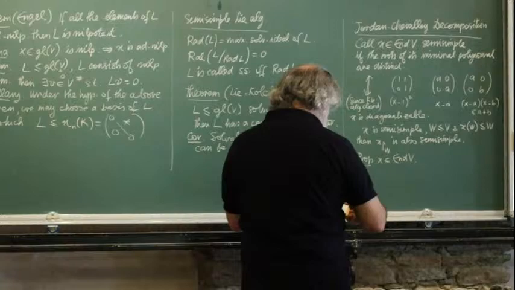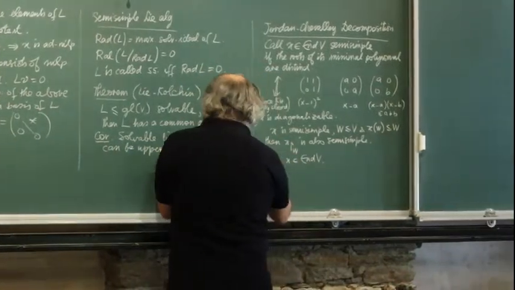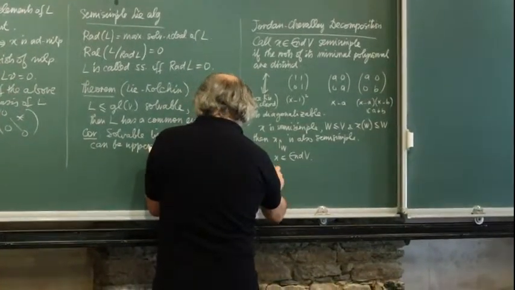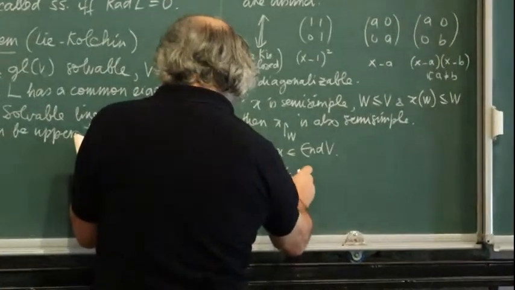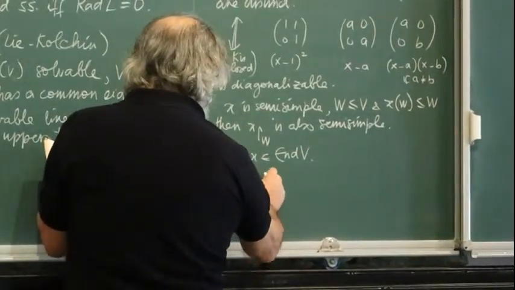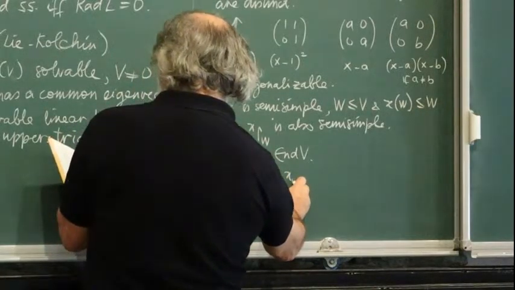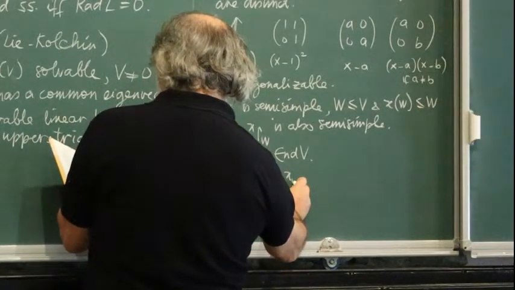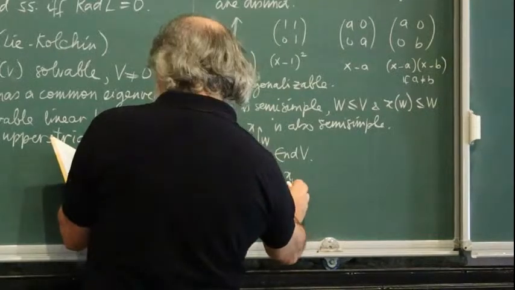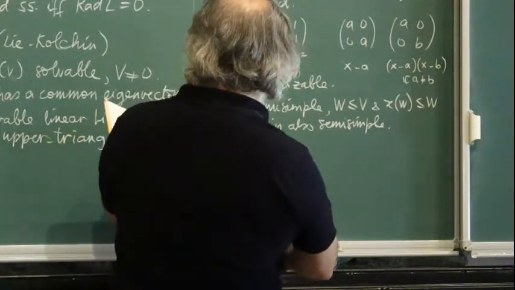So what do we have? There exists unique XS and XN.